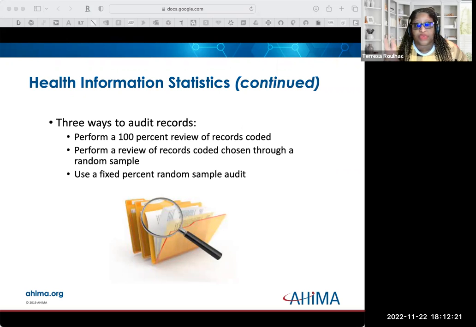Now, there are 3 ways to audit records. In front of you, you see, you can perform a 100% review of records coded. You can perform a review of records chosen through a random sample, or you can use a fixed sampling random sample to audit. Now, this requires the manager to select a fixed percent of total records for each employee to review.